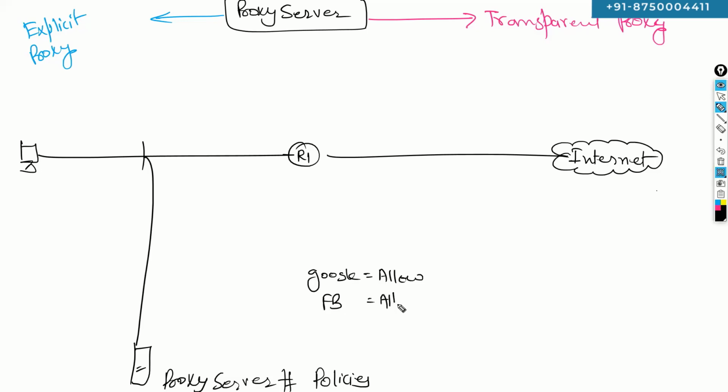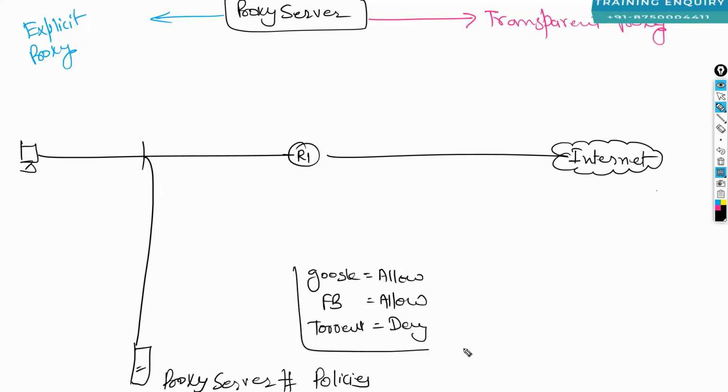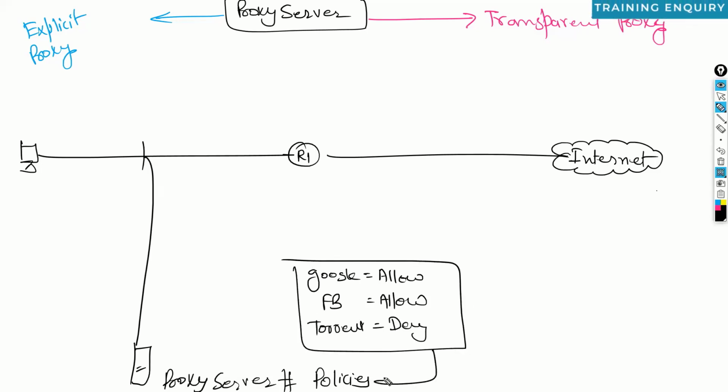Facebook, allow. If anyone wants to go to torrent, what to do? Deny. Such a kind of policy you can configure at the proxy server.